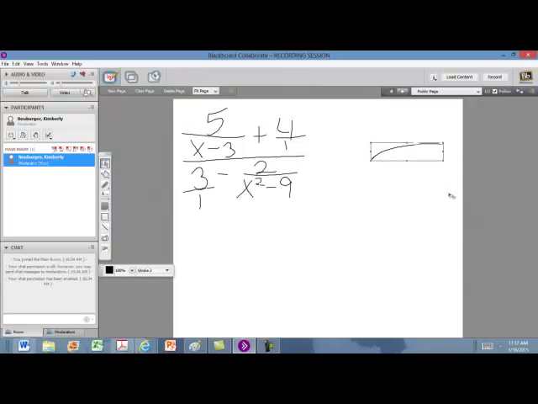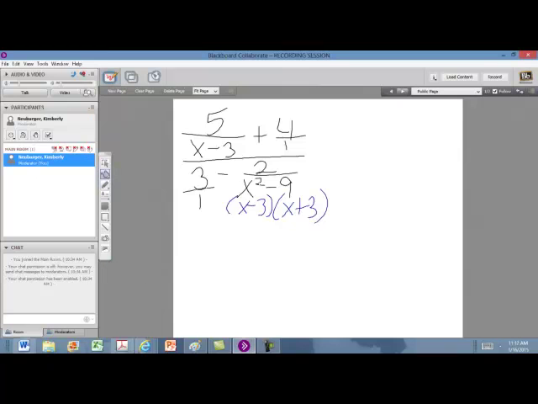So in particular, for this one, I noticed that this is x minus 3, and I noticed the x squared minus 9 is a difference of squares, which will factor into the x minus 3 times x plus 3.